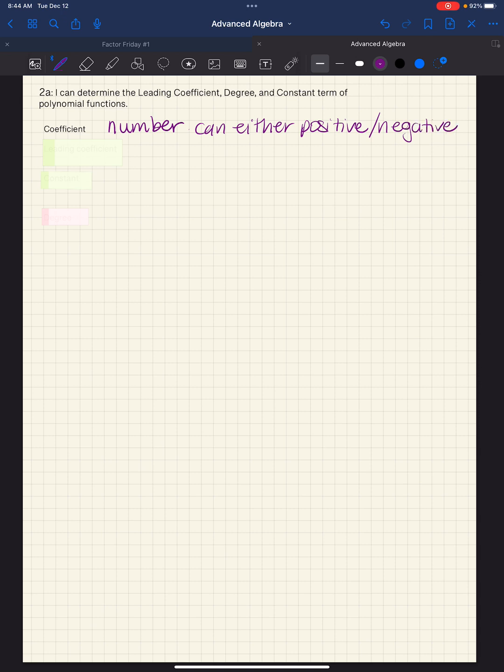All right, which then lets us go to the leading coefficient, which is not the one in front. That is definitely a misleading bit. It's just the one attached to the degree. So it is a number multiplying with the degree.